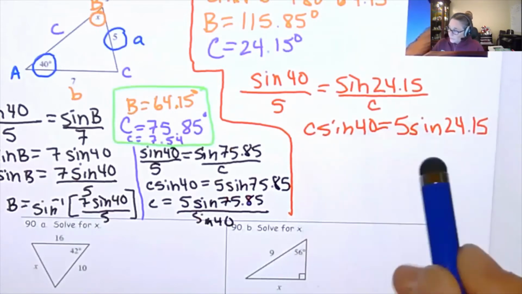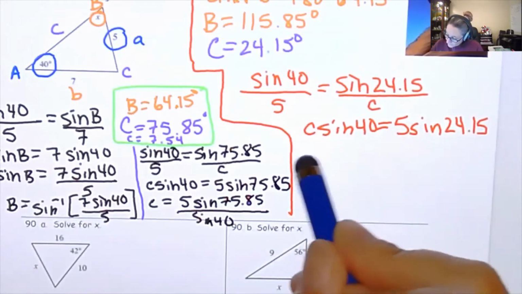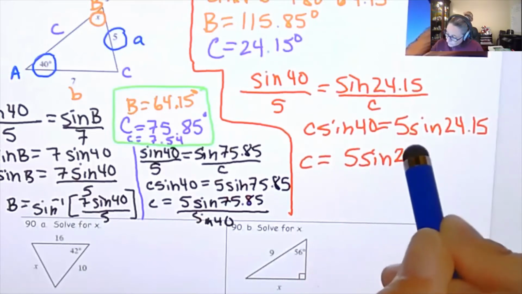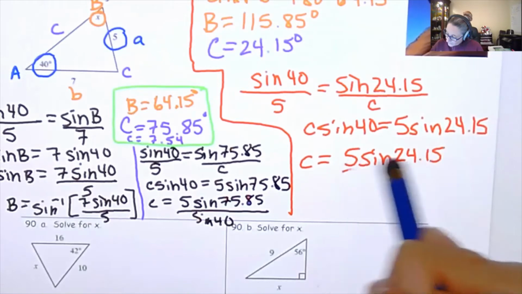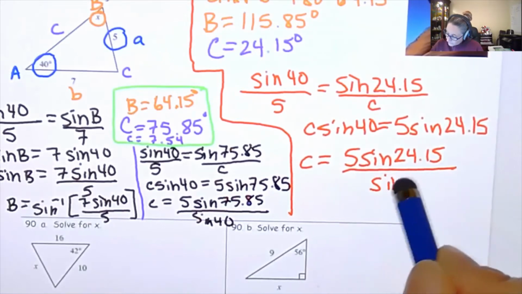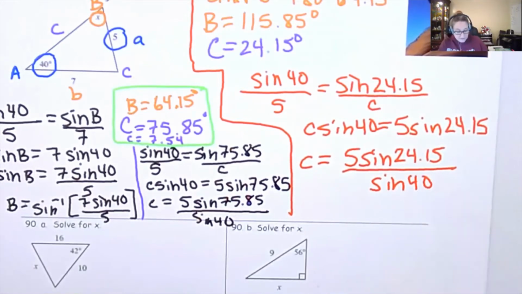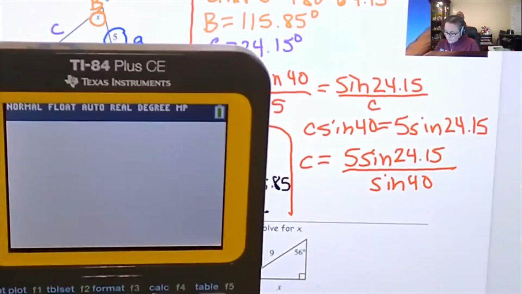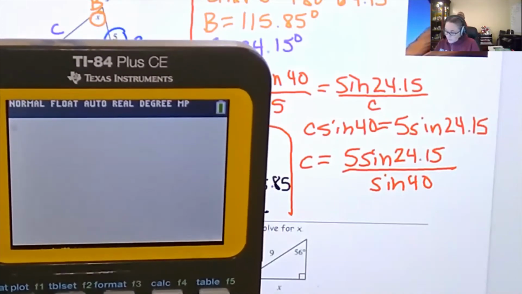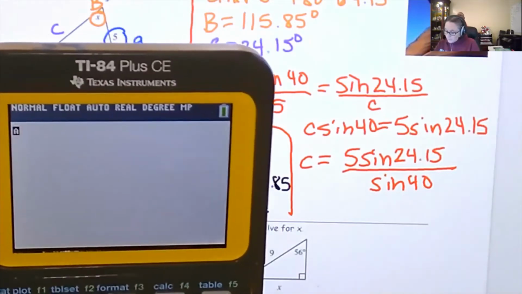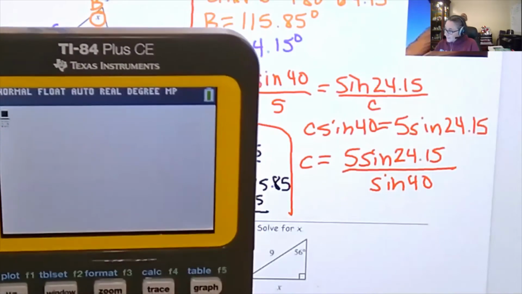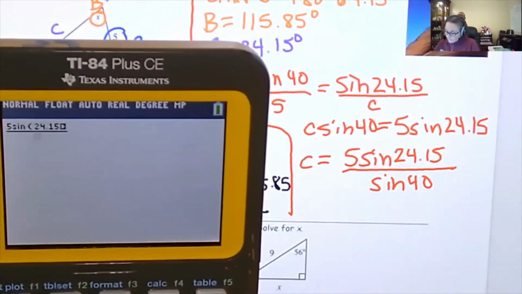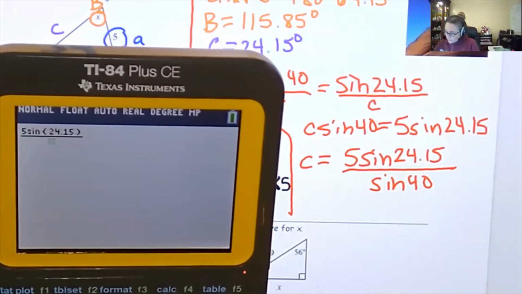I'm going to divide both sides by sine 40. So little c is going to equal 5 sine 24.15 over sine 40. And I'm going to see what my c is. Okay, so I'm going to do alpha y equal 5 sine 24.15 over sine 40.